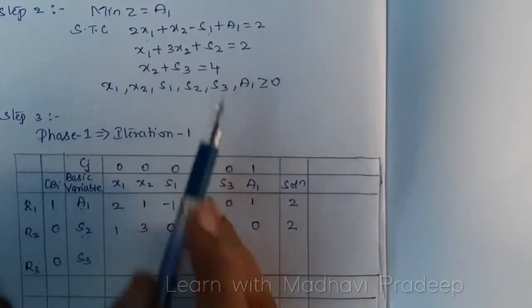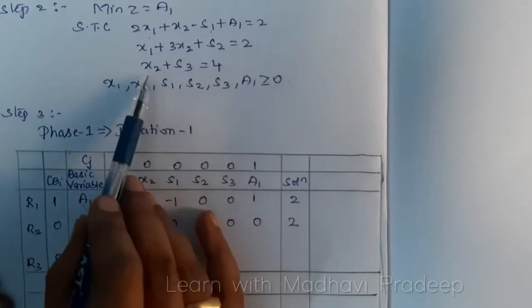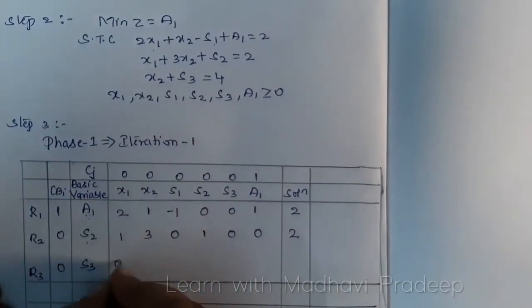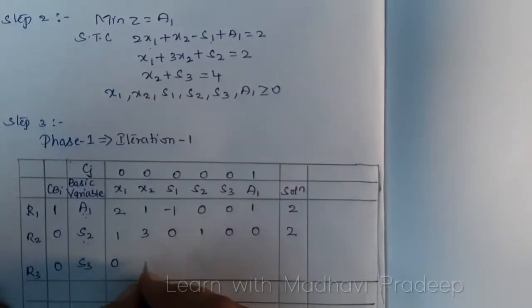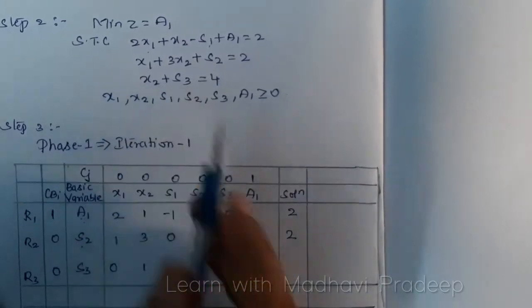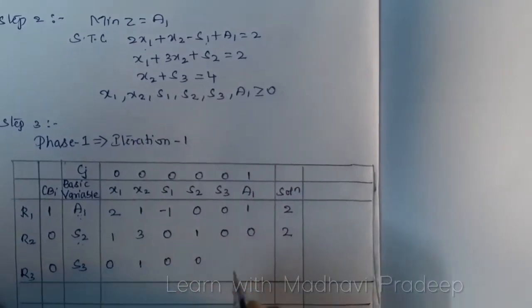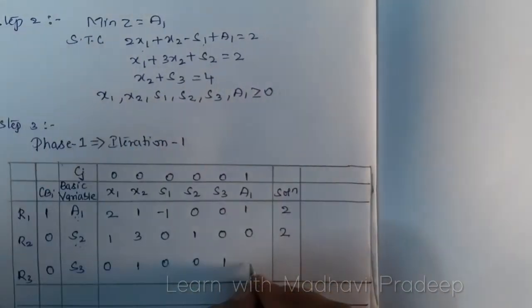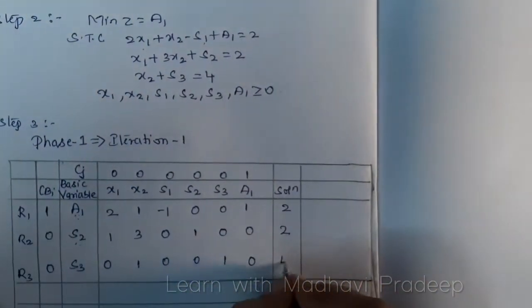Now the third constraint, s3 is there in the third constraint. We don't have x1 here so x1 is 0, x2 we have so it is 1, s1 and s2 are not there in the third constraint so 0, s3 we have so 1, a1 we don't have so 0, and the solution is 4.